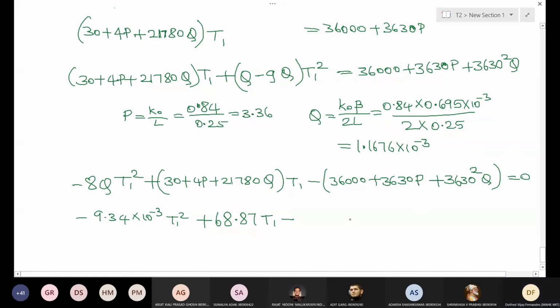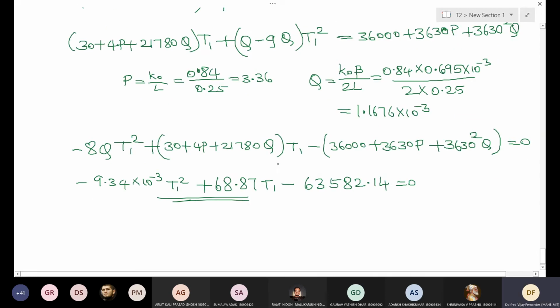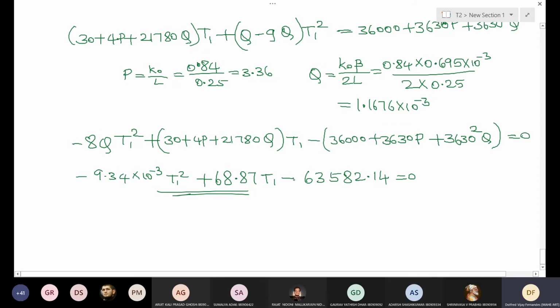Then 63,582.14. So if you get this equation, that is done. You will get maximum points. If you make any mistake up to this point, then you will lose the points.